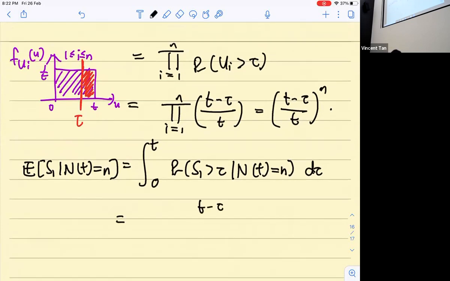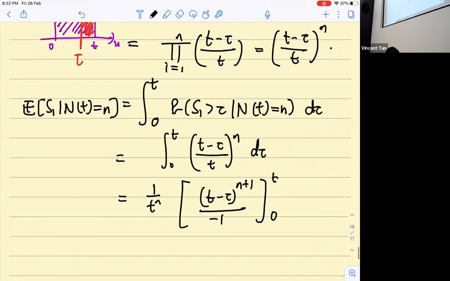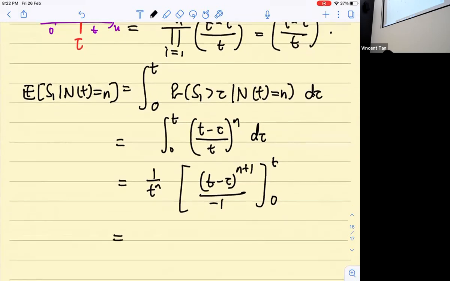So now we have (t minus tau) over t, to the power n, d tau, integrated from 0 to t. Now we have to worry whether we know how to integrate this kind of thing. But this is a polynomial, so hopefully we can integrate this. So we have (t minus tau) to the n plus 1 over minus 1, from 0 to t. So 1 gets killed, t gets killed, and we put this in.